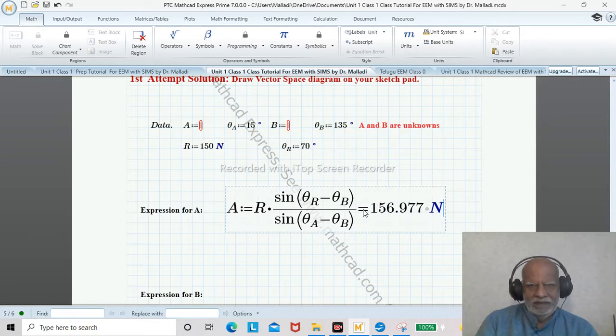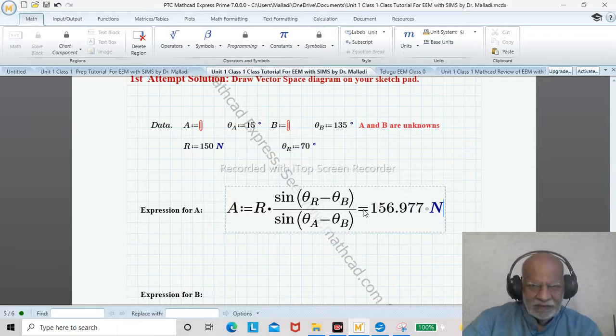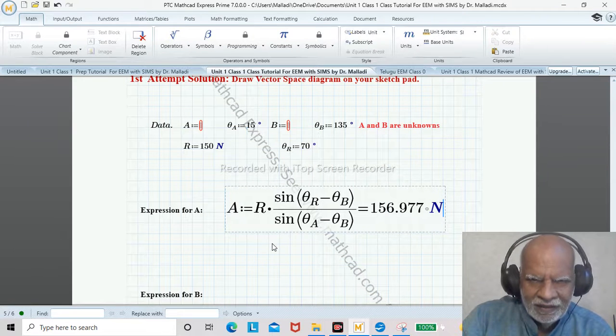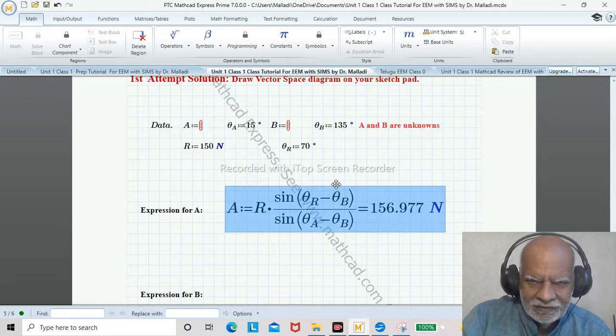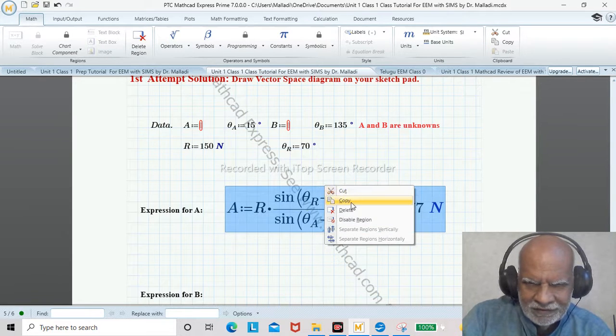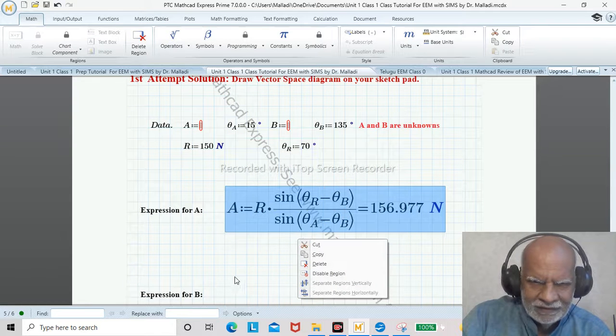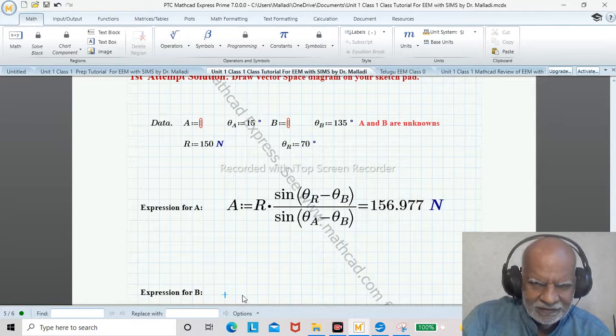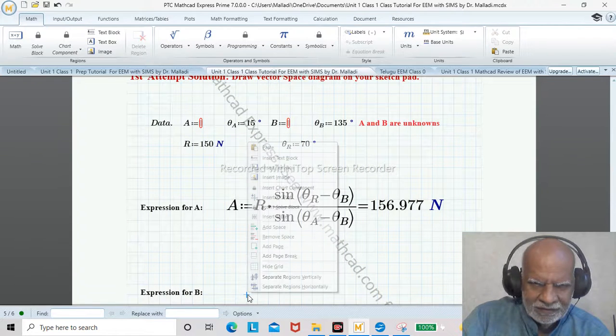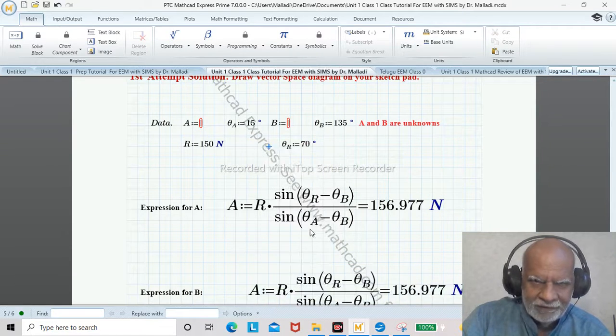You see that? These angles are different. And now, suppose I want to do it for B. I don't have to type all these things. The only thing is I copy this, come here, select this point here, and paste.